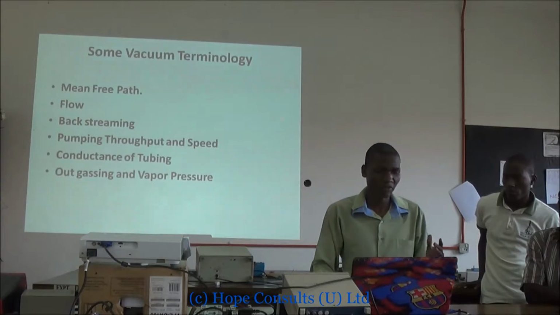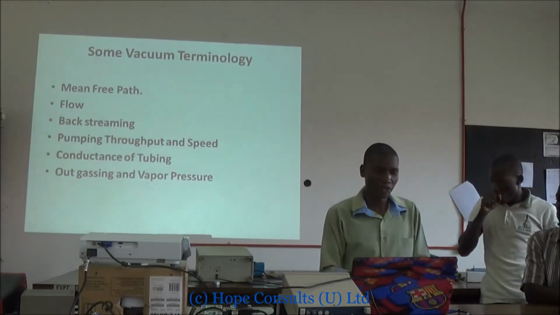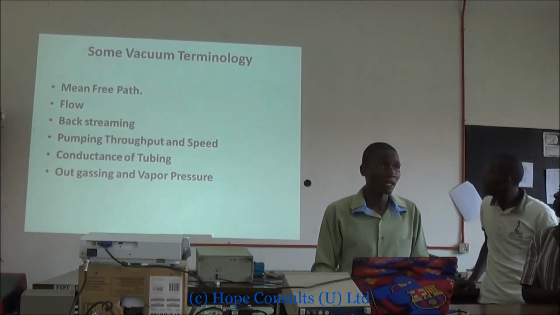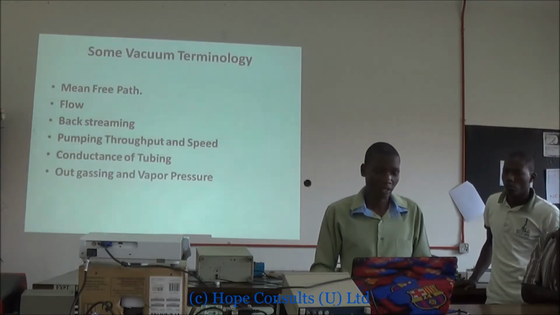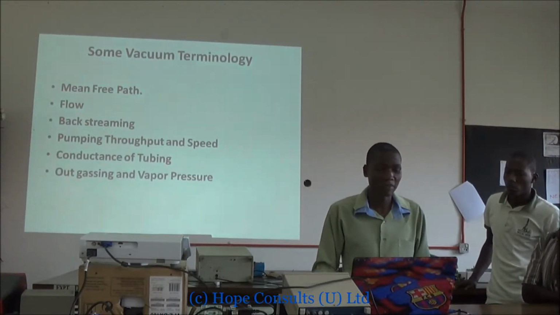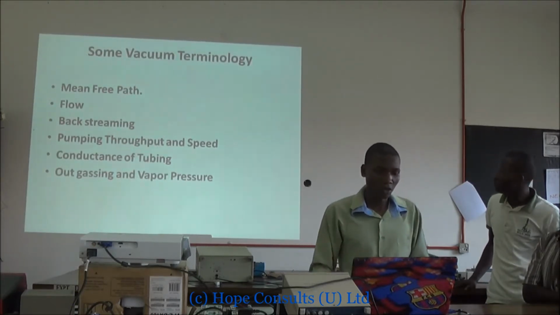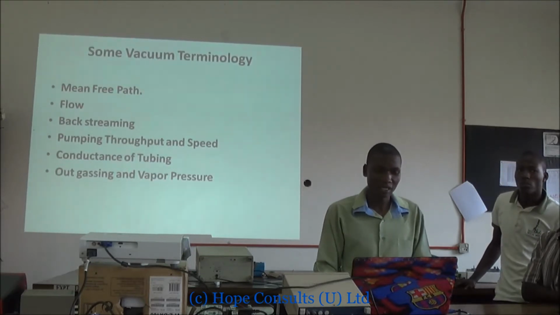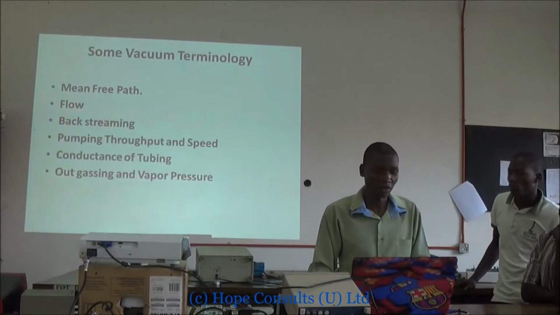There will be some sort of turbulent flow when the level of viscosity is high. But as we keep on lowering pressure, it will end up tending to molecular flow. Molecular flow is not turbulent; it can be a little bit laminar. So why are we talking about all these things? Because these are the major terms used when you're dealing with vacuums.